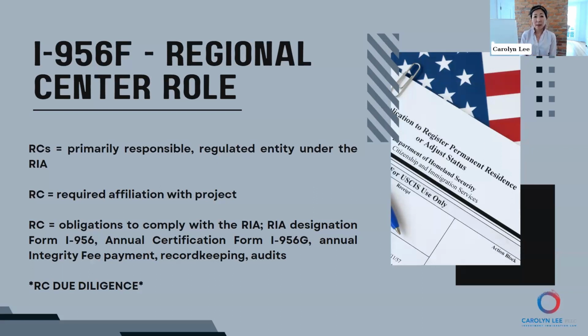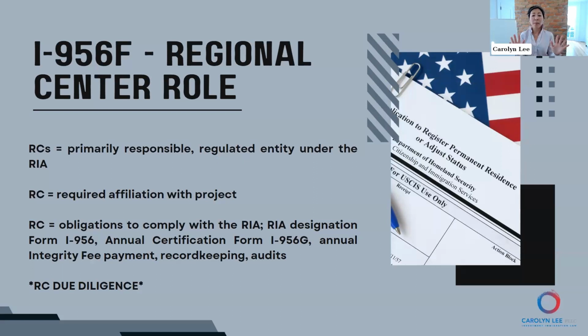One of the results of that settlement was previously designated regional centers would continue to maintain their designations, but had to file the 956 by a certain deadline, which the USCIS has extended. So right now, as of this moment, in May 2024, even if a regional center has not yet filed a 956, they may still be designated under the prior law.